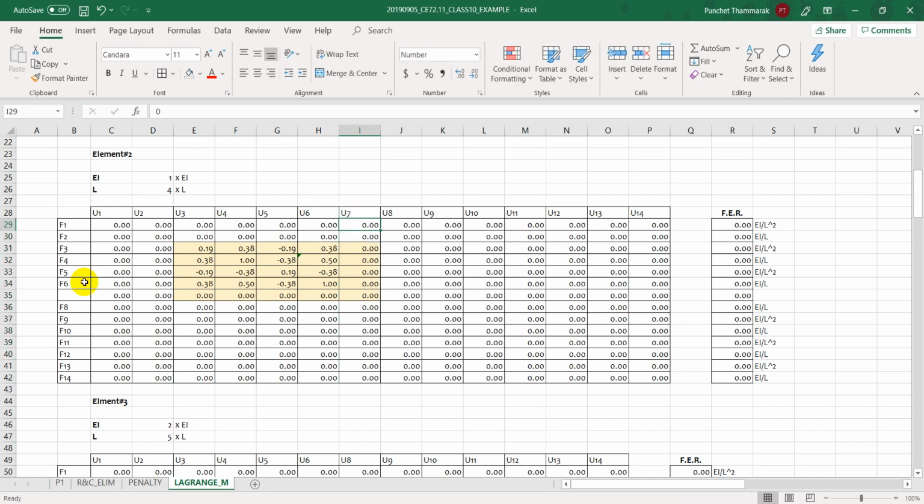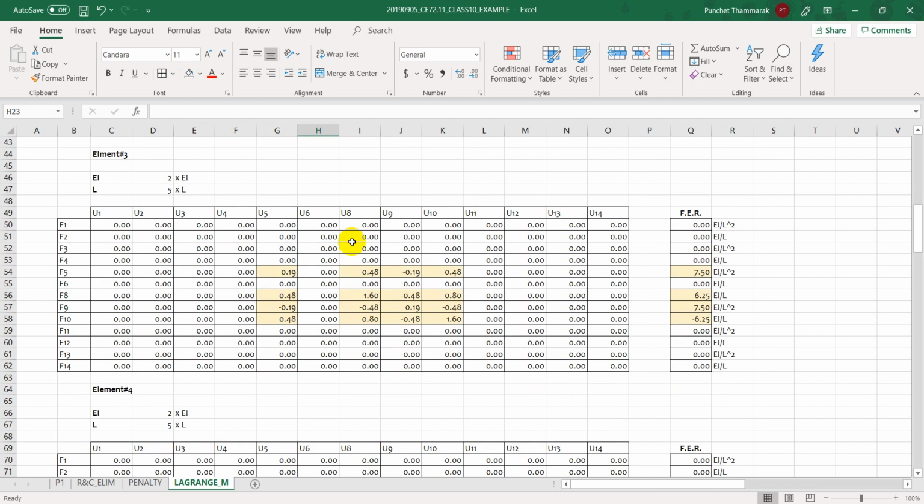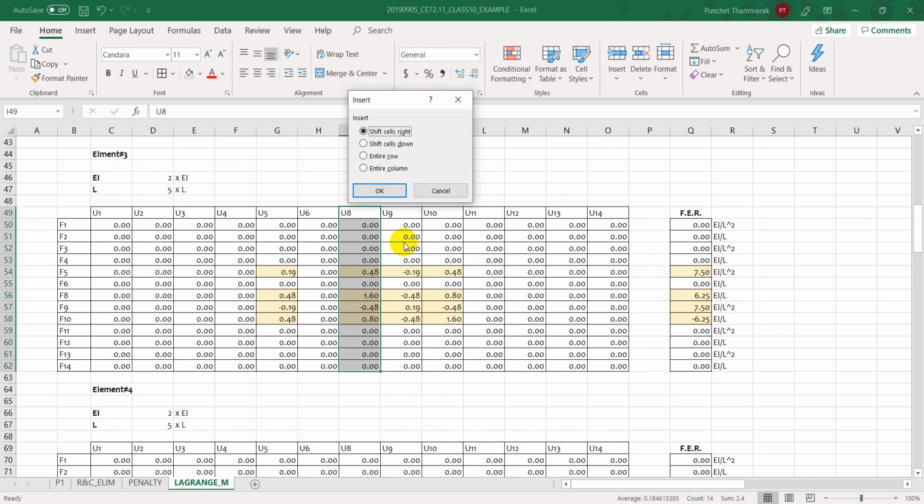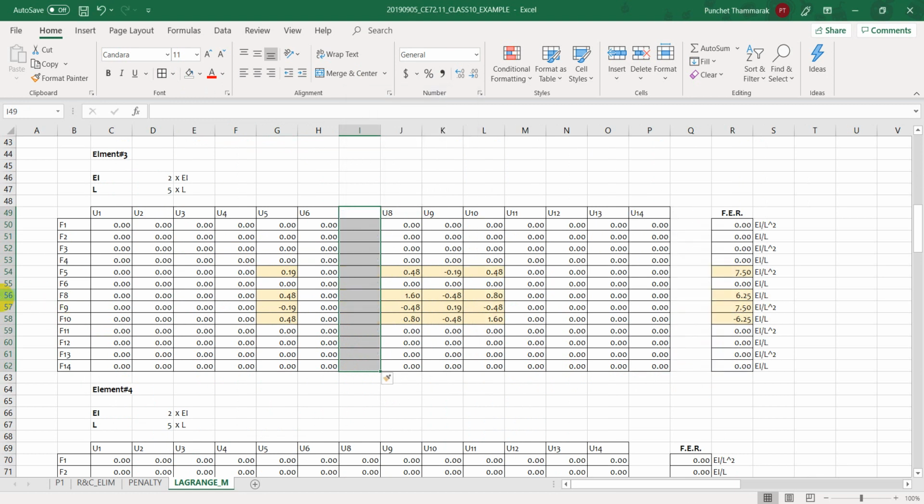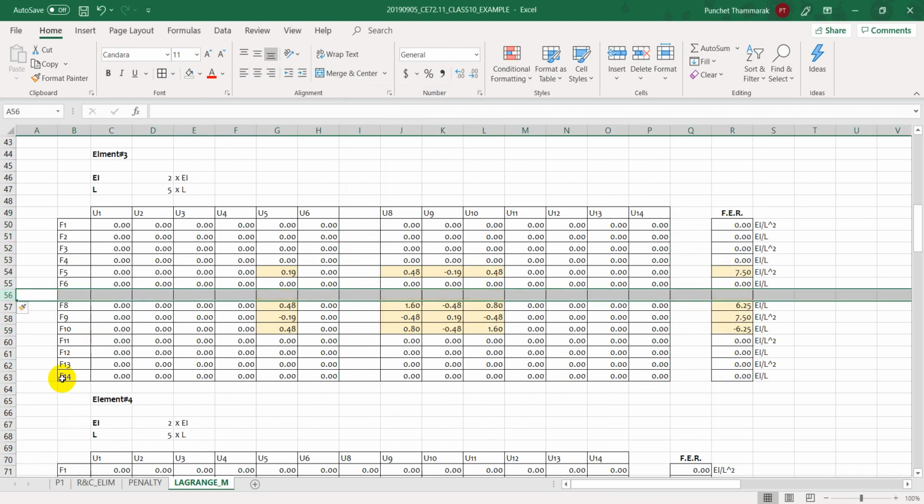U7, F7, nothing there and nothing is there. Insert in and insert there.